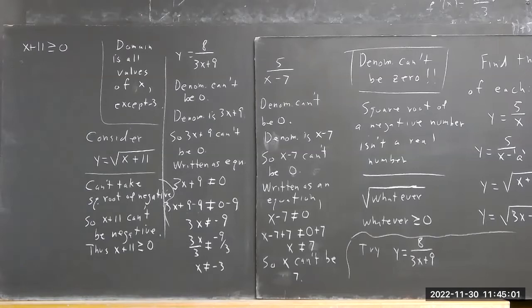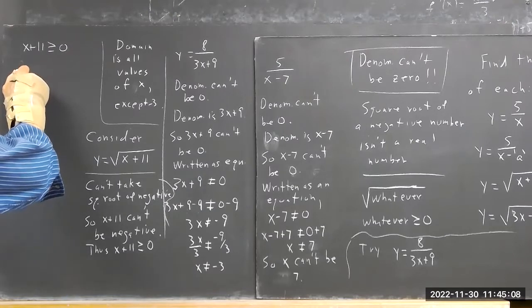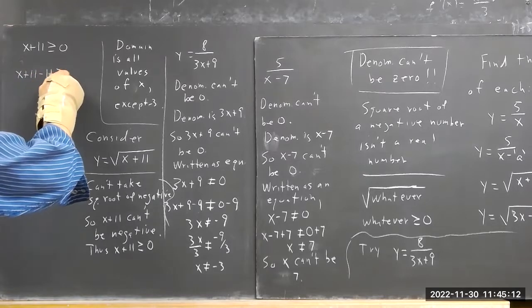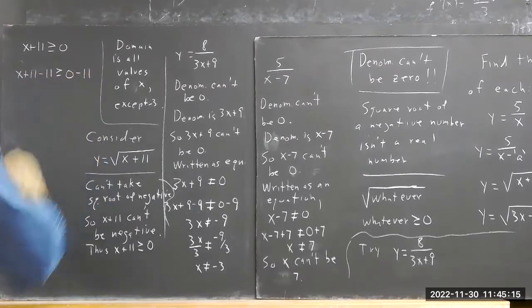How do you solve that? You solve it just like you would an equality. x plus 11 minus 11 is greater than or equal to 0 minus 11.